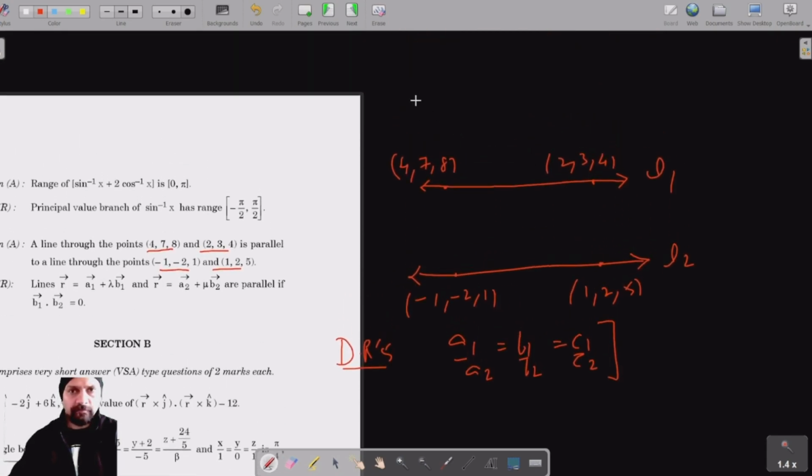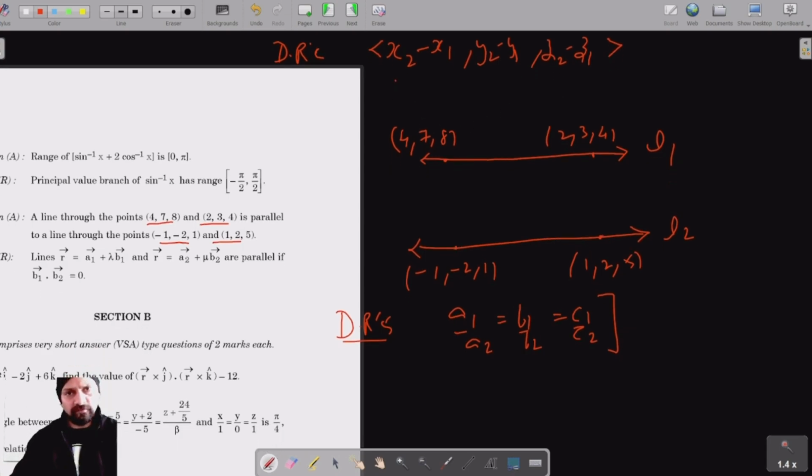Let's find the direction ratios, which are given by x2 minus x1, y2 minus y1, and z2 minus z1. For line 1: 2 minus 4 is -2, 3 minus 7 is -4, 4 minus 8 is -4.